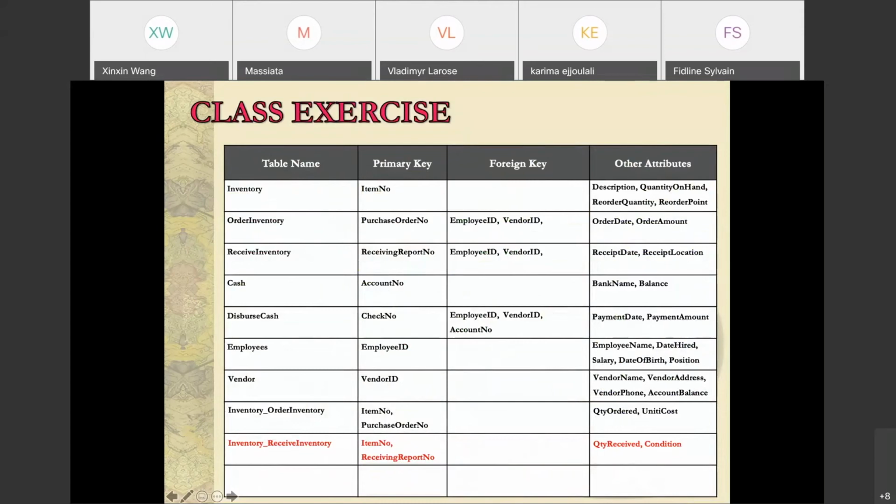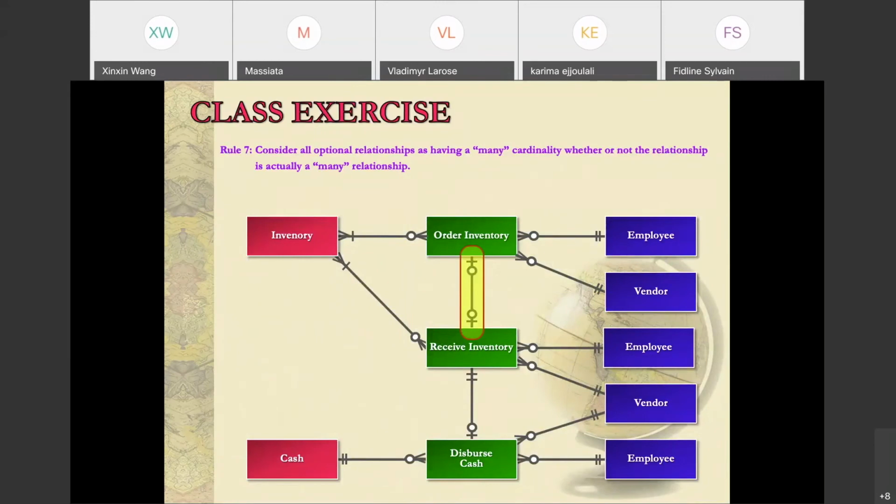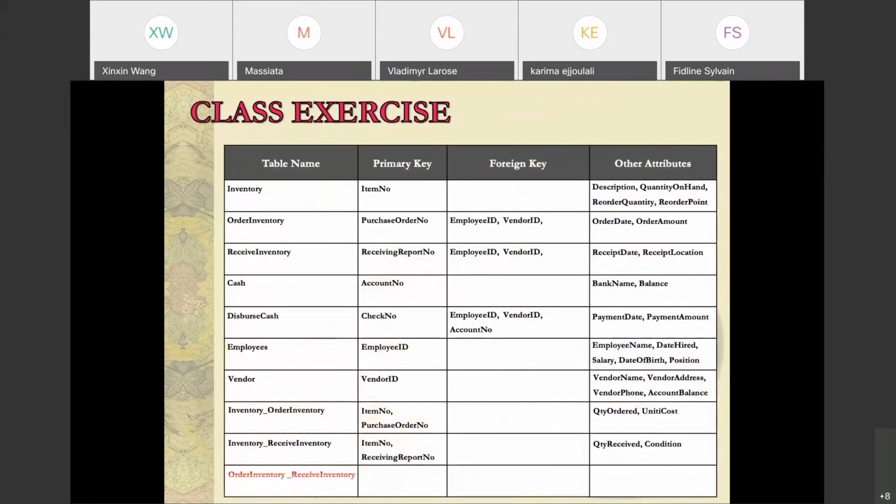Next, we're going to deal with all the optional relationships, right? So this becomes a many-to-many relationship. Then we're going to create a new table, the inventory receive order inventory receive inventory table, right? The primary key is from those 2 tables.